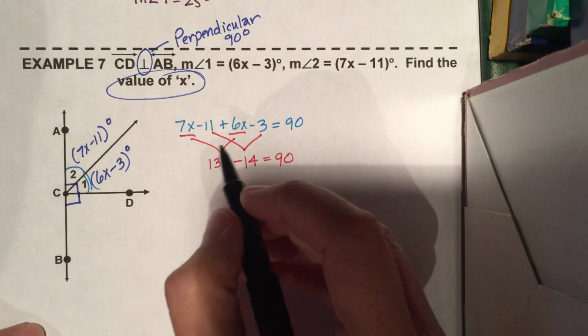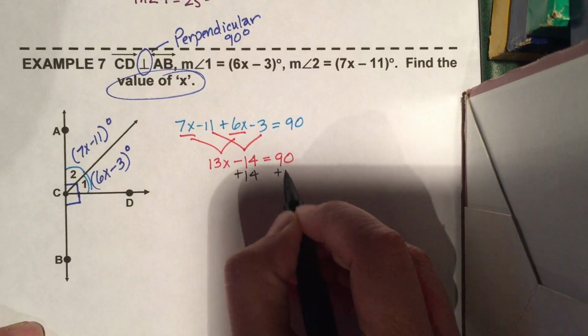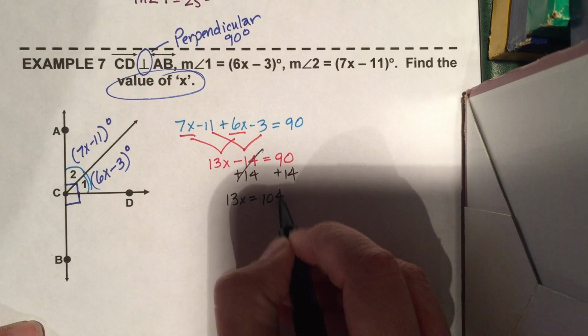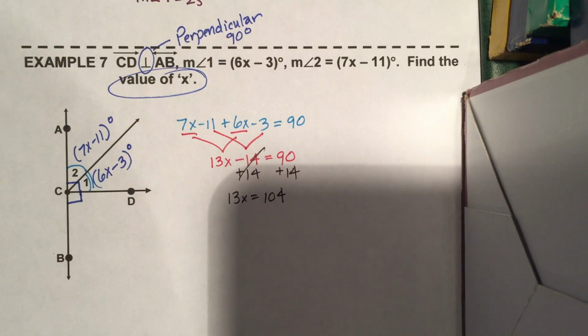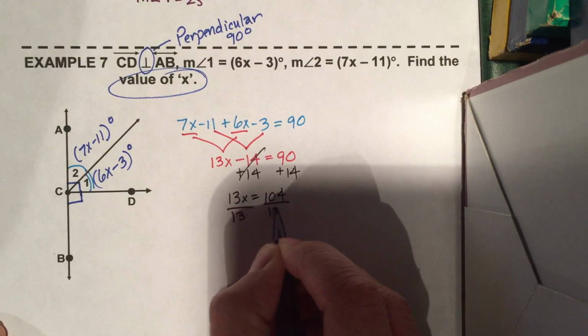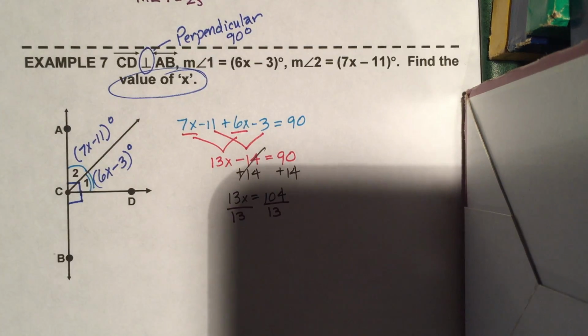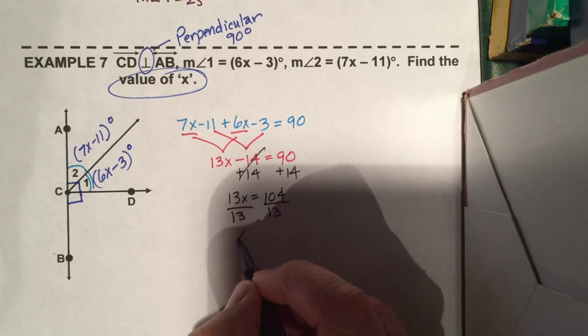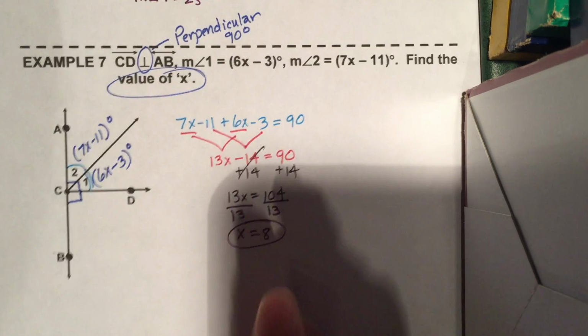So I'm going to move the 14, so plus 14, plus 14. 13x equals 104. And now I'm going to divide both sides by 13. When you divide both sides by 13, you get x equals 8.